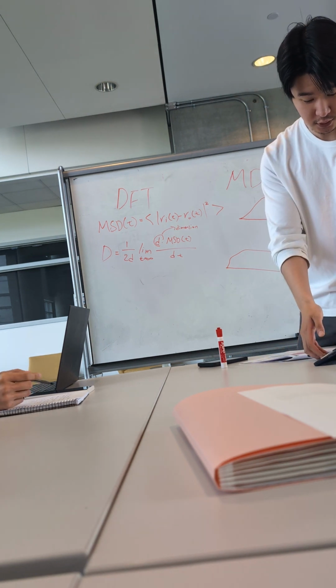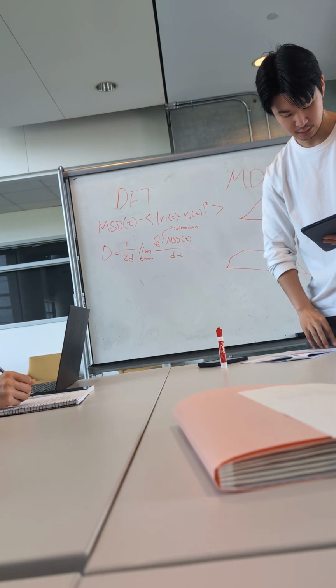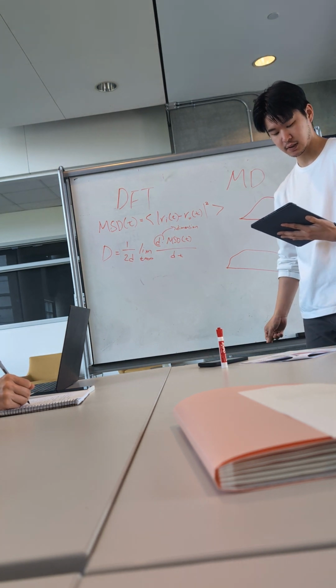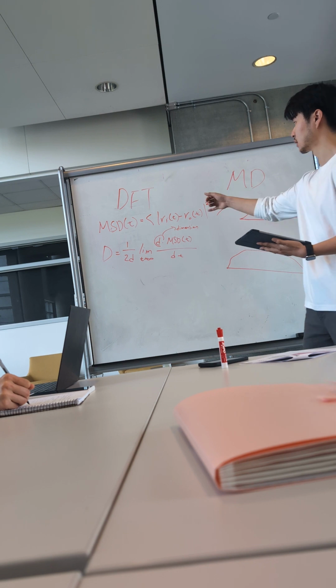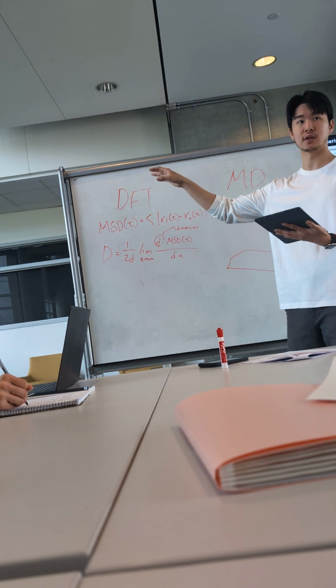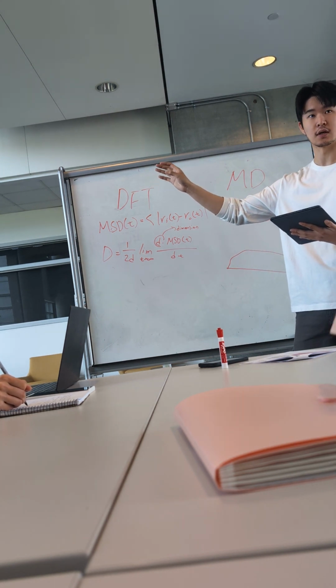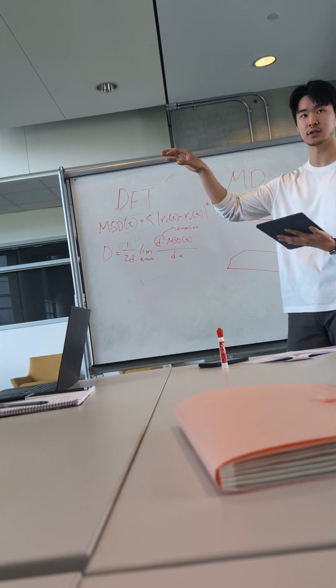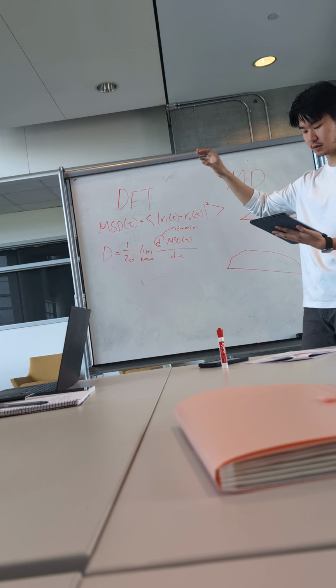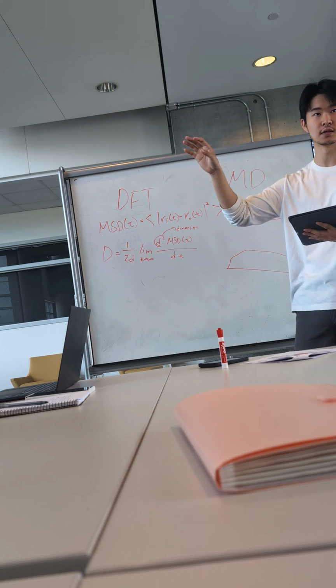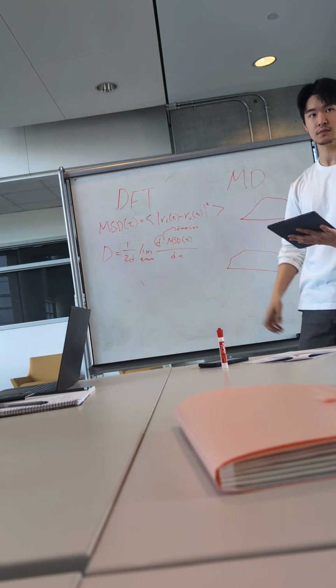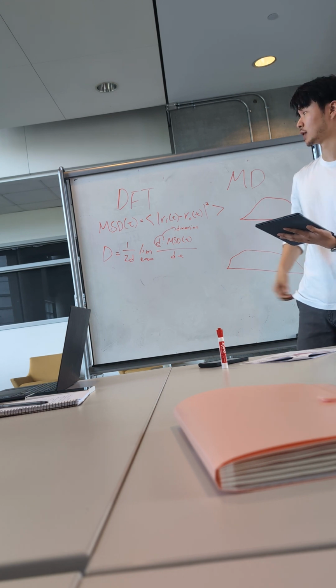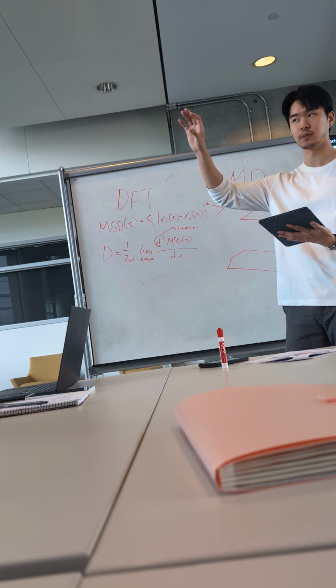Some of the questions I thought he might ask were, first, compare ab initio and DFT, which I said ab initio is solving the wave function, DFT is solving the electron density. But they both derive from quantum mechanics.